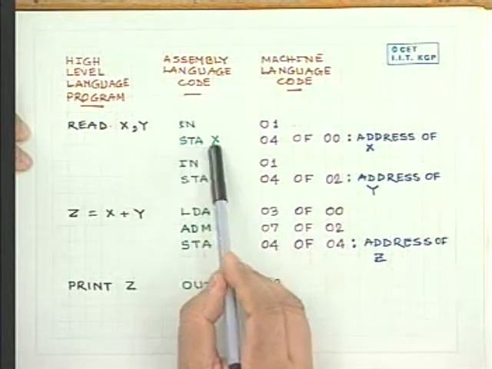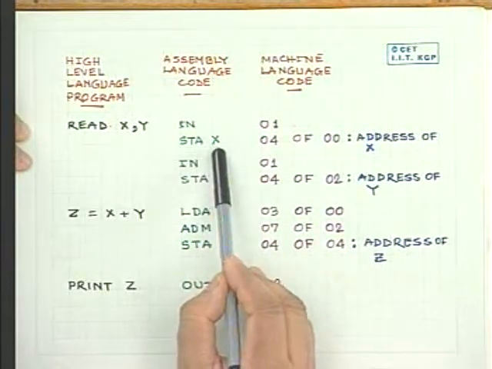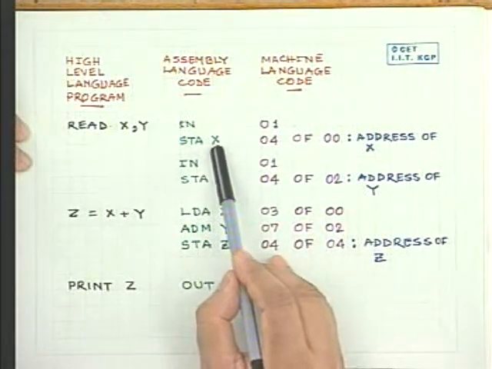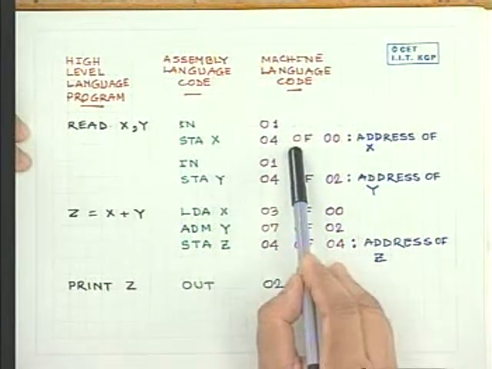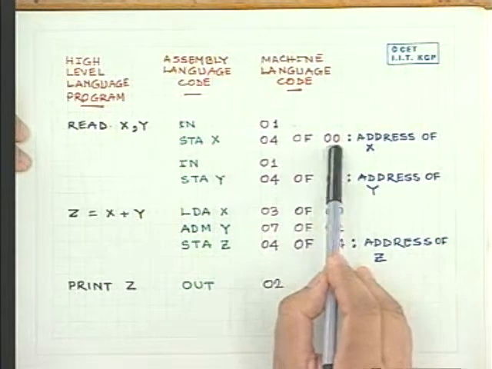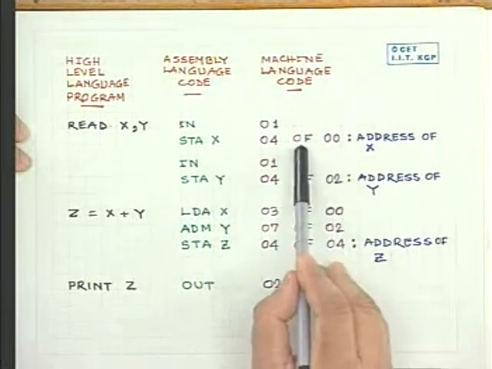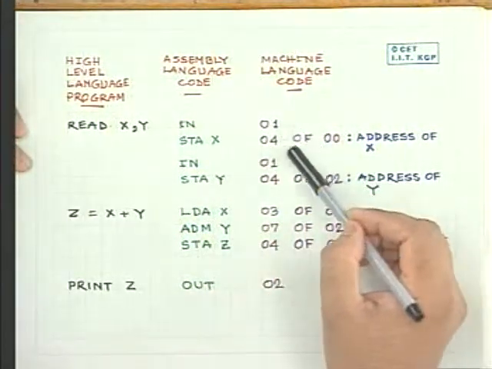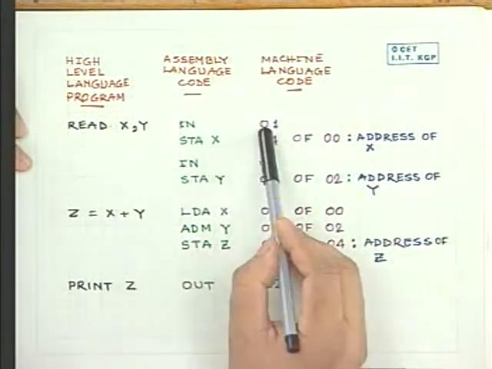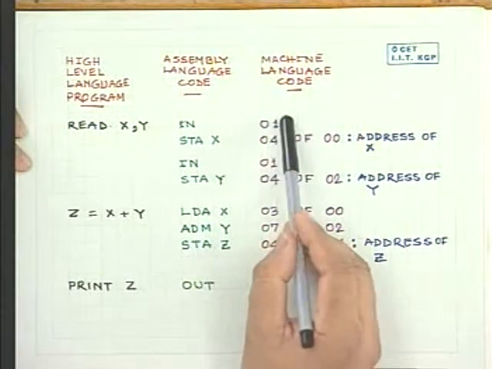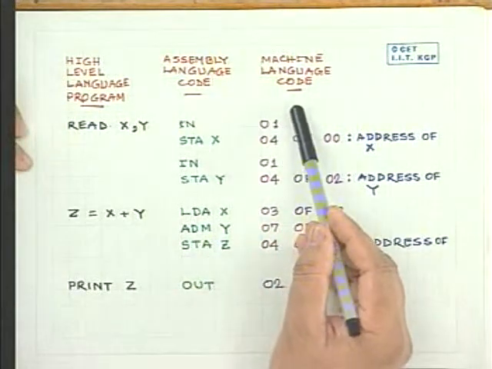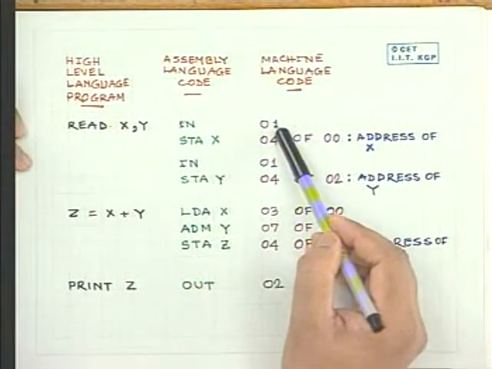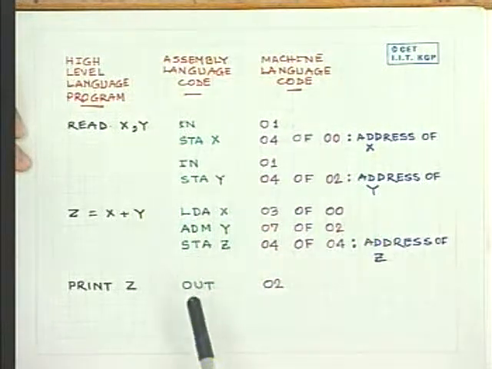In assembly language, I have represented the operand by a symbol X. In machine language, that operand address has been shown by a hexadecimal string of characters, right? Sometimes that address may not be there. For example, IN doesn't need an address because IN's address is implicitly the accumulator itself, and therefore need not be given explicitly.